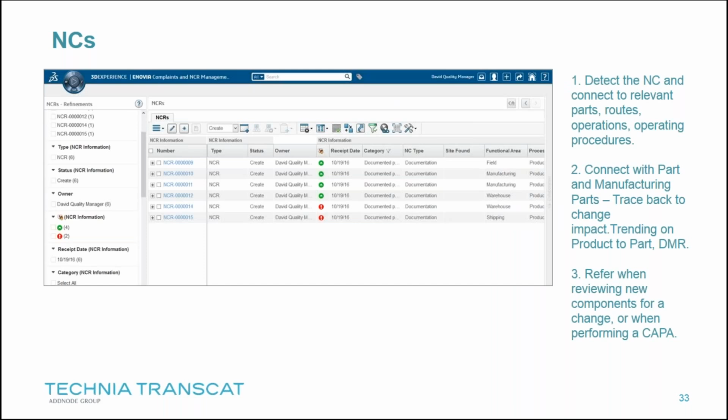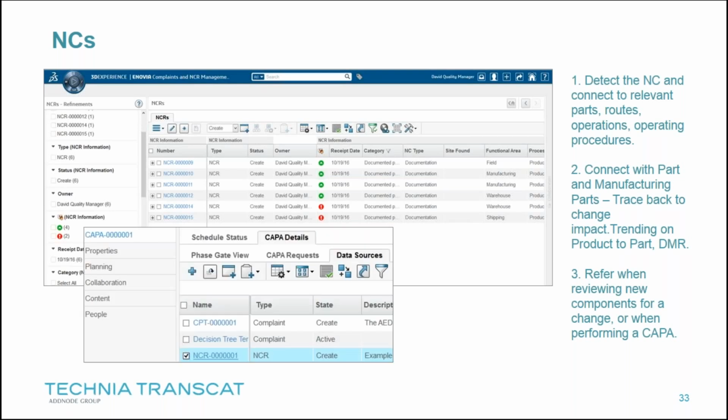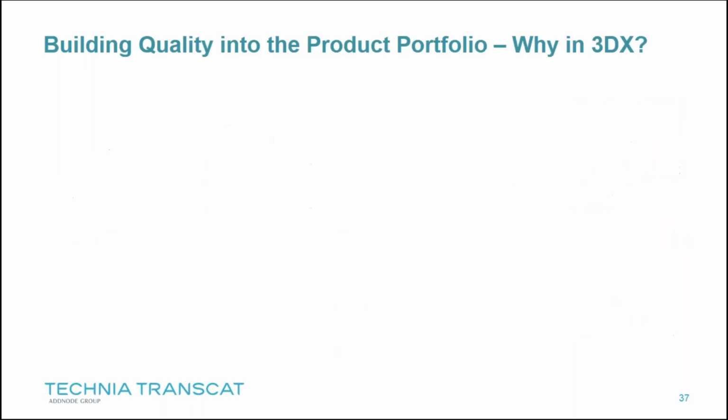For example, if you stand on an SOP or a work instruction and you want to trigger an NC directly from that procedure because there are deviations or issues with following the procedure, then you automatically connect the NCs on the SOPs, so they're easy to follow up. Also, we saw an example where we had a connected NC on the CAPA to define them as data sources.